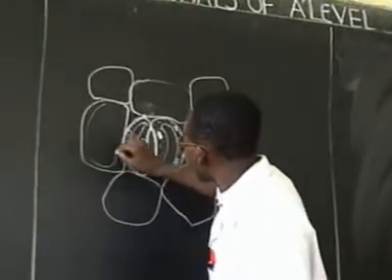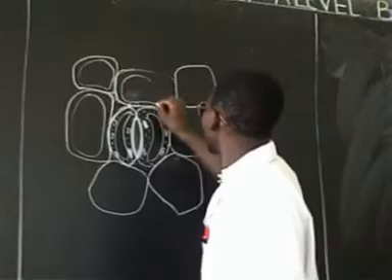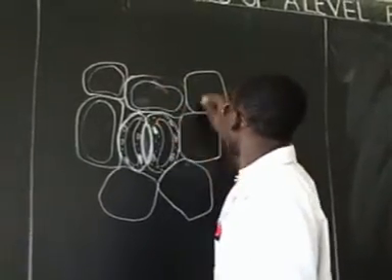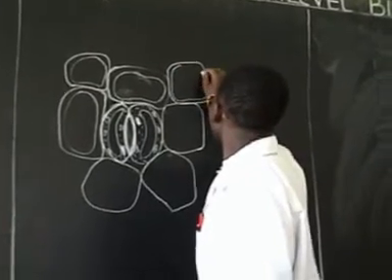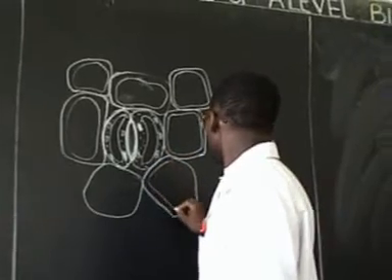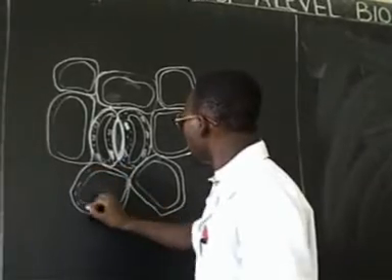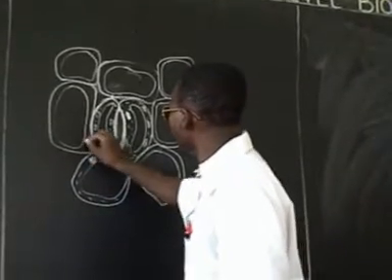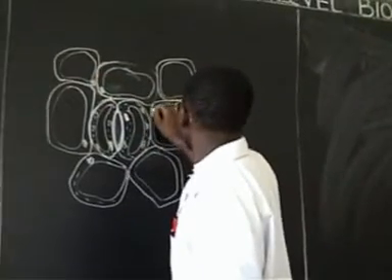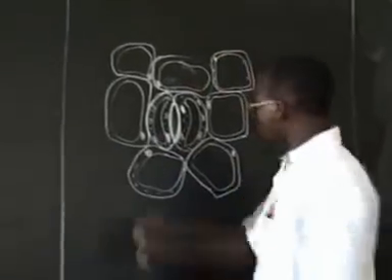Then they have large vacuoles like that. So I got the cytoplasm and then I put the nuclei somewhere. Make sure that all the cytoplasms are dotted.